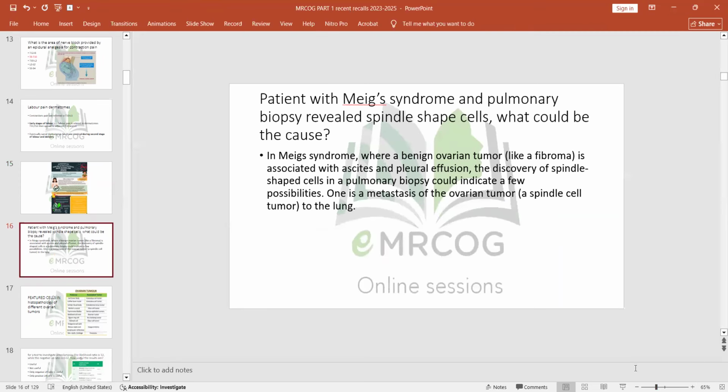We have this case with Meigs syndrome. And when they say Meigs syndrome, that means what? What is Meigs syndrome? Forget about they have mentioned the specific type of cells and so on, but what is Meigs syndrome?